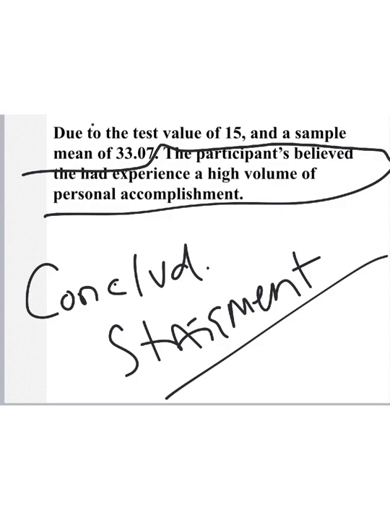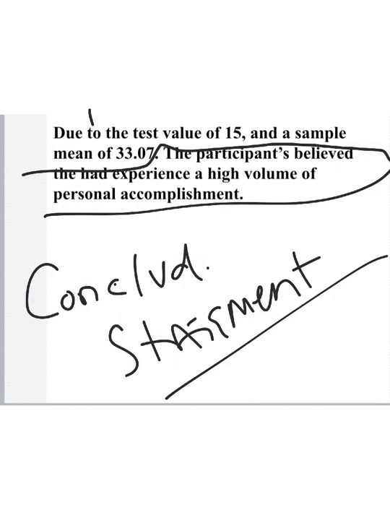Okay? This right here will pretty much explain that next sentence. So if this was above 15, as it is, 33.07, I know that since it was above the mean, they believed that they had personal accomplishment.